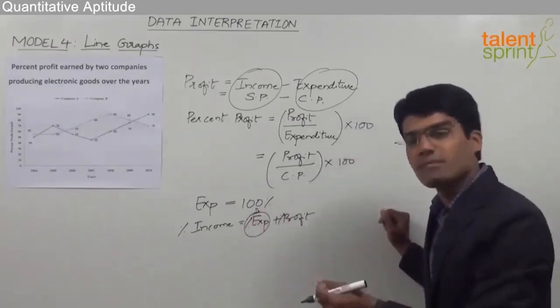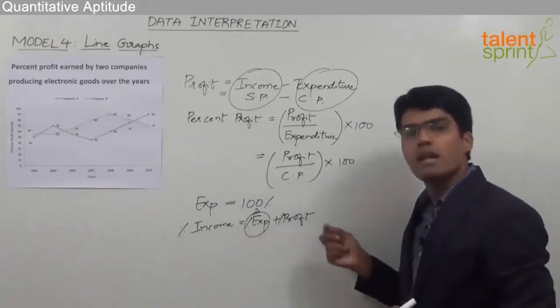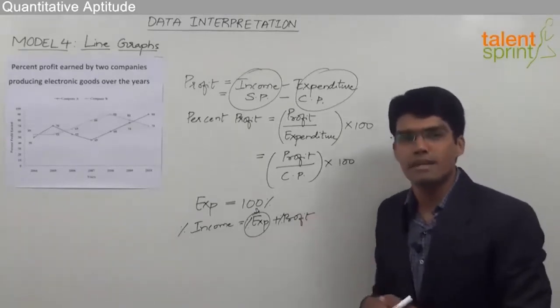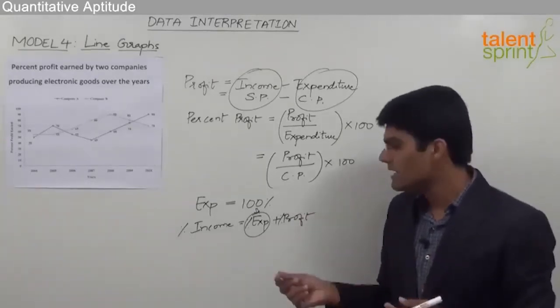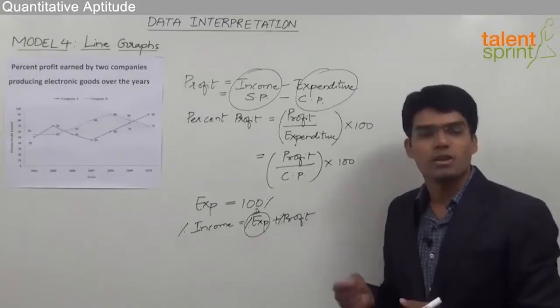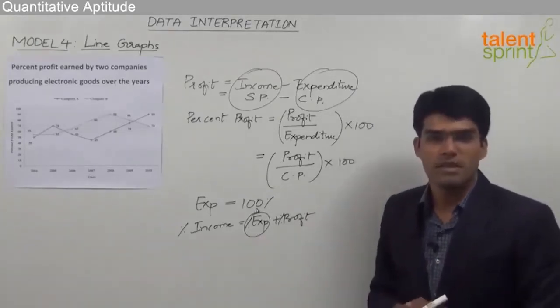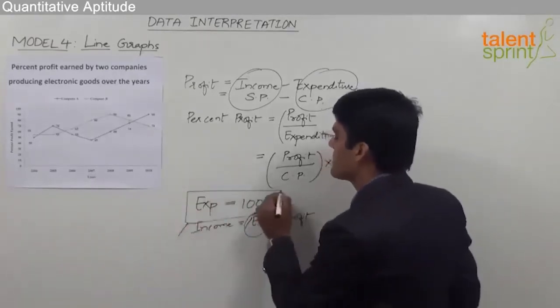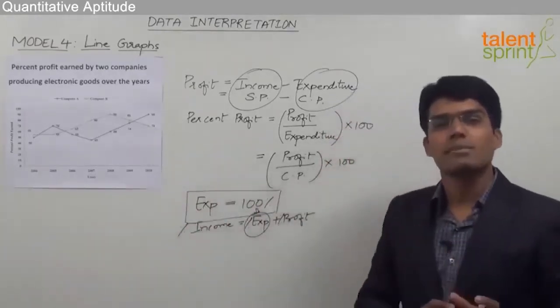If the profit is 10%, income will be 100 plus 10, 110%. If the profit is 20%, income will be 100 plus 20, 120%. If the profit is 45%, income will be 100% plus 45, 145%. So very clearly remember that expenditure should always be taken as 100% and income can be taken as 100% plus profit percent.